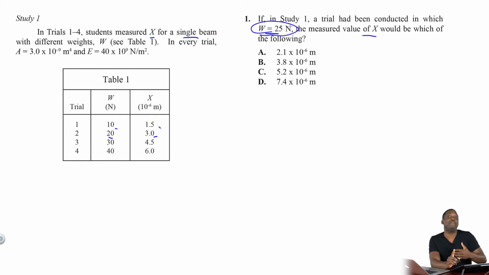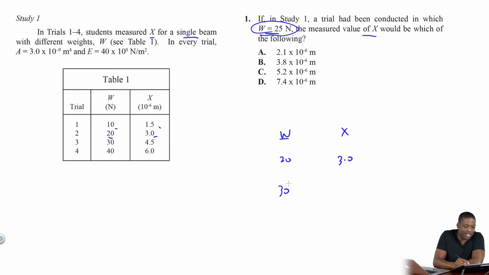Now the thing is, even though the table does not show 25, based on the trend, you can figure out what would be the value of X for 25 newtons. So when W is 20, X is going to be 3.0.